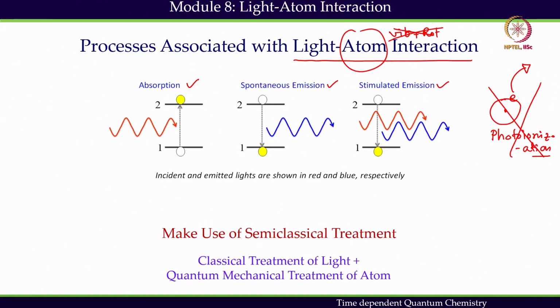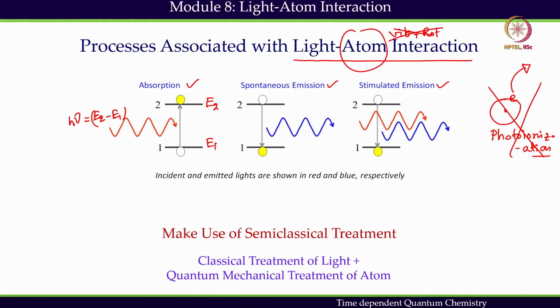An atom can absorb a photon with an energy E2 minus E1. This is E2 energy, this is E1 energy. So, it can absorb this photon, which is E2 minus E1, from a beam of radiation and can undergo transition from a state of lower energy to a state of higher energy.